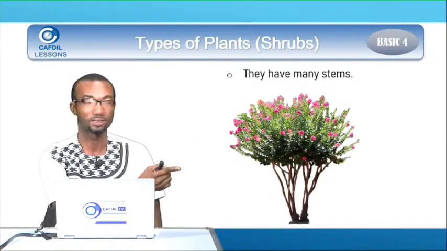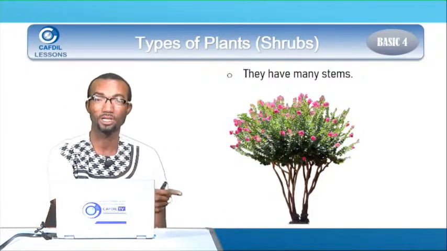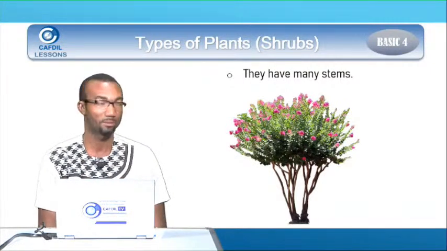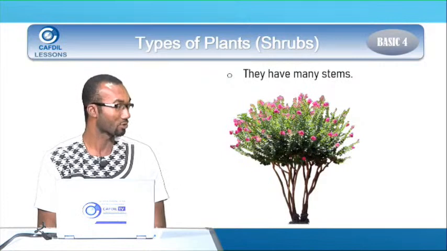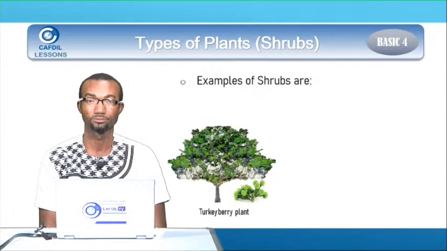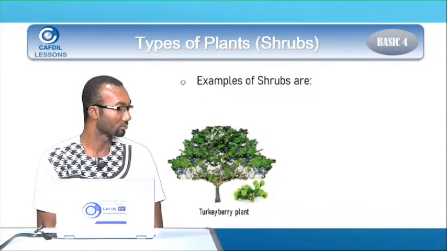When we were talking about trees, you could see only one stem. But when you talk about shrubs, they have many stems with branches that connect the leaves as well as the flowers. Okay, so let's look at some examples of shrubs.